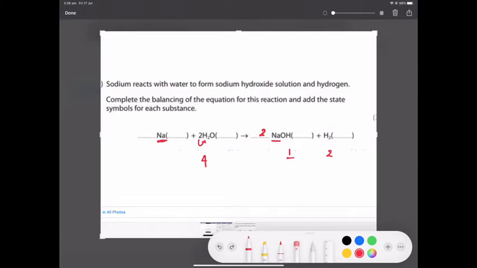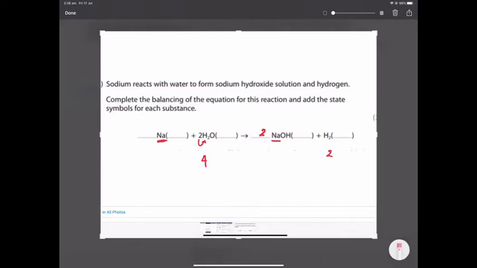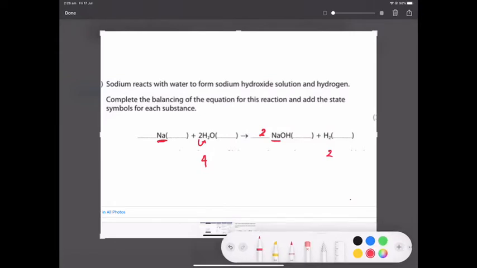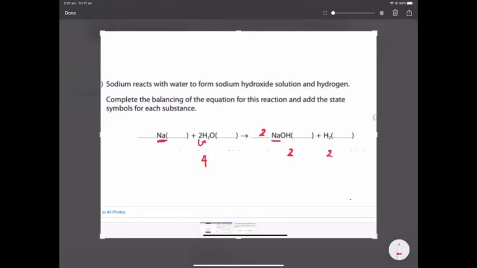So you have 2 sodium, 2 oxygen, and 2 hydrogens. So now you've changed that to 2 hydrogens, which gives you 4 hydrogens in total on the right hand side, and that matches with the 4 on the left.